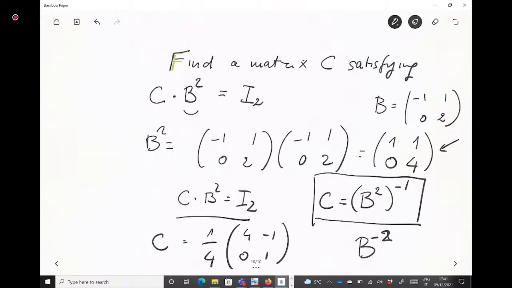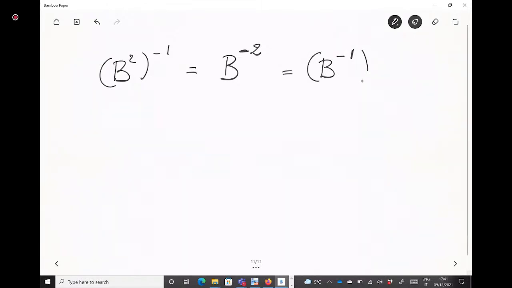And the answer is yes, because you can check that the inverse of matrix B squared can be written as b to the power of -2, which is basically the inverse of b times the inverse of b. If these are numbers, b to the power of -1 times b to the power of -1 is b to the power of -2, okay? It is exactly the same.